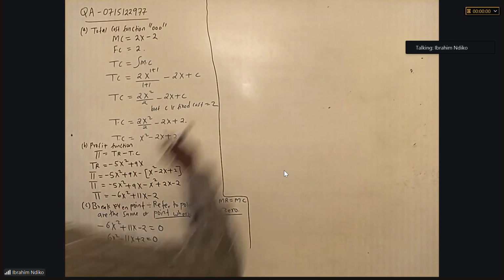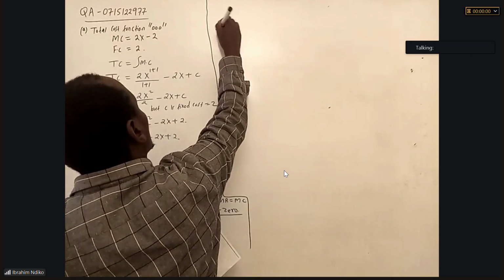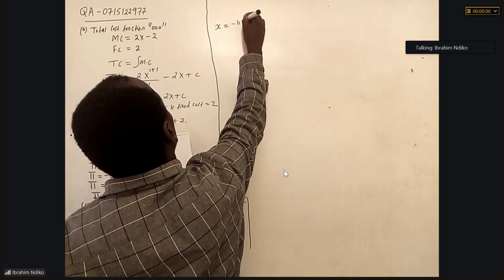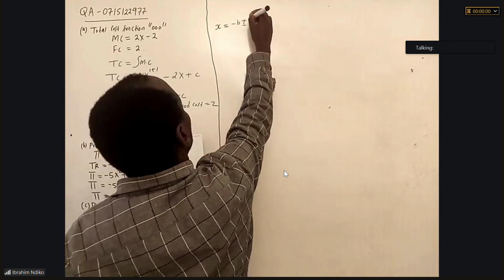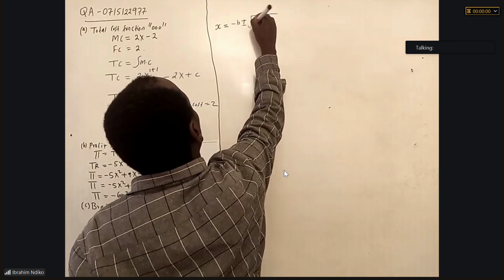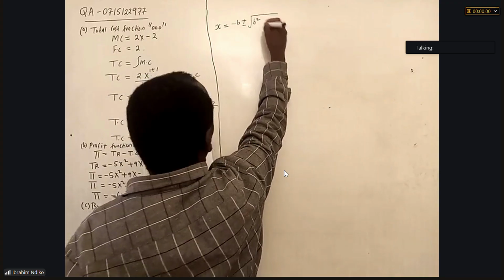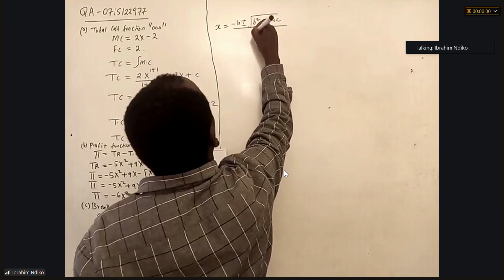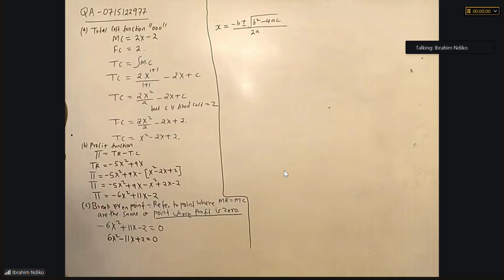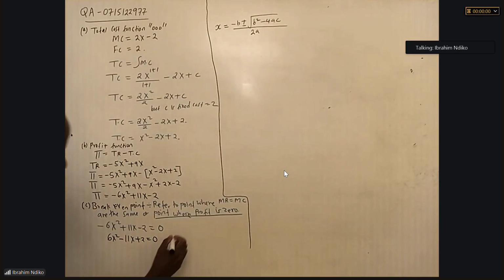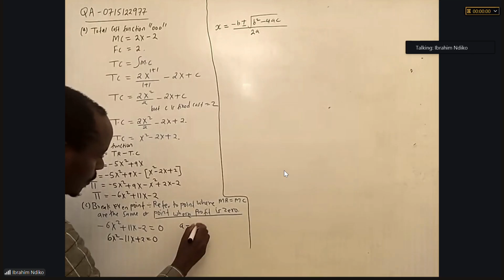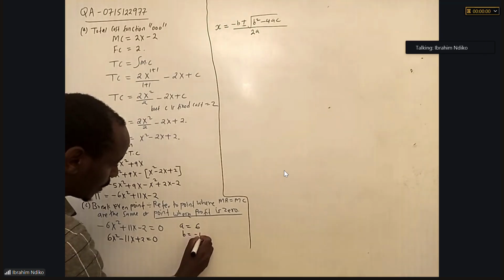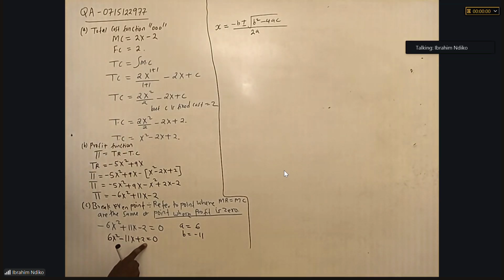So x equals minus b plus or minus the square root of b squared minus 4ac, over 2a. And remember in our formula here, a is 6, b is minus 11, and c is 2.